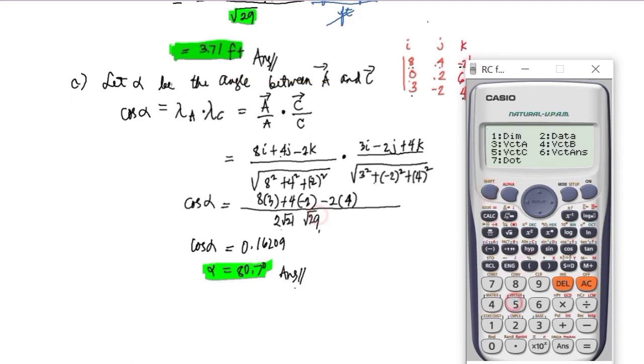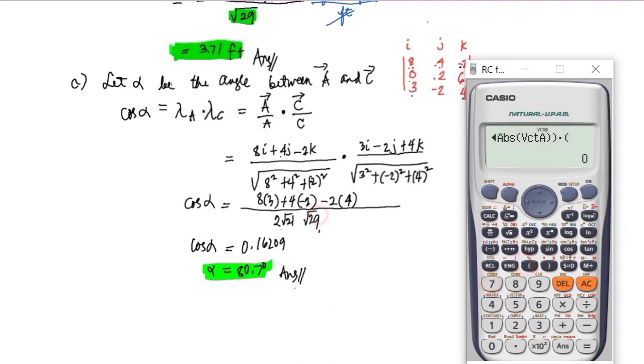Shift vector A is 3, then divided by the magnitude of the vector A. So that's shift height, select vector A. Vector A is 3. And then we have that product. So shift vector dot is 7.